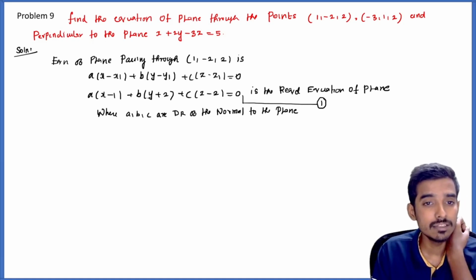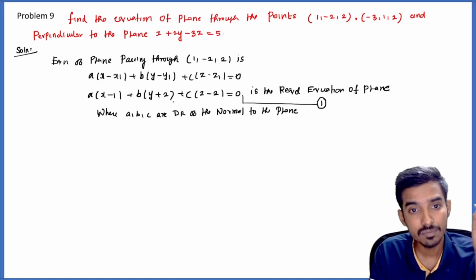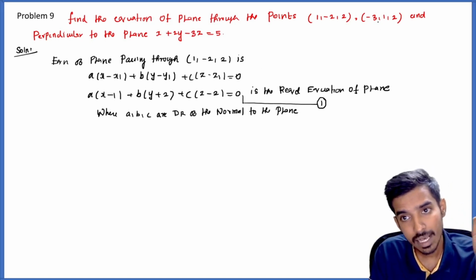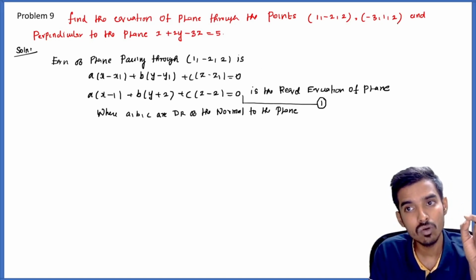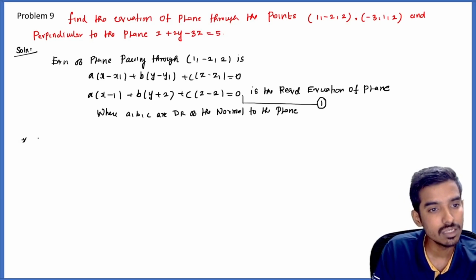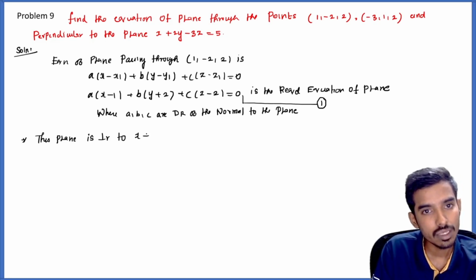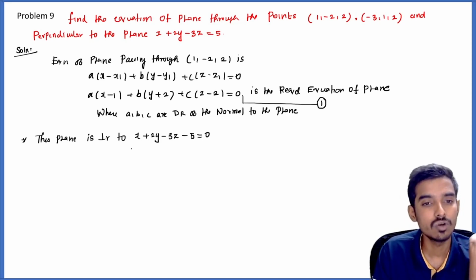Now, this plane is passing through the point minus 3 comma 1 comma 2, and also this plane is perpendicular to x plus 2y minus 3z minus 5 is equal to 0.